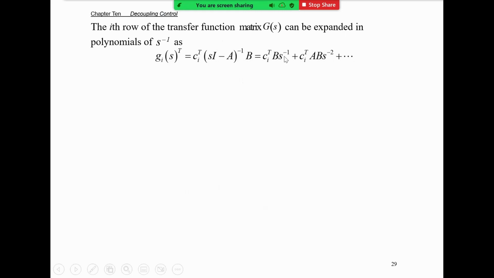The first term is the identity, that's why I only have C_i times S to the minus 1 times B. Then the second one is C_i A B times S to the minus 2.